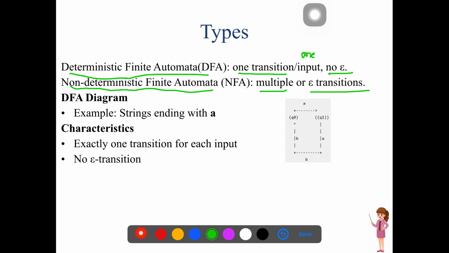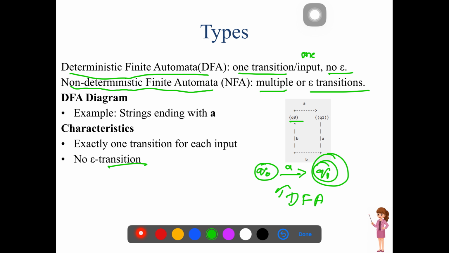Here you can see one example, strings ending with A. Q0 is the initial state and Q1 is a final state. Only one transition with a single input is transferring from Q0 to Q1. Characteristic: exactly one transition for each input, no epsilon transition. Each input has only one transition from that state. I hope you guys understood. We'll move on to the next slide.